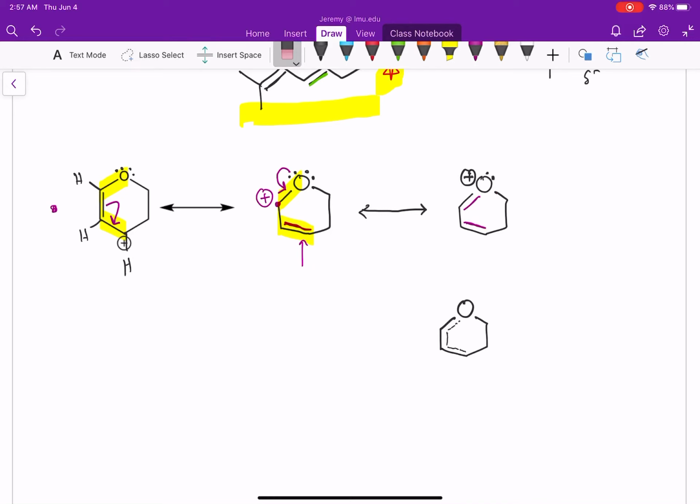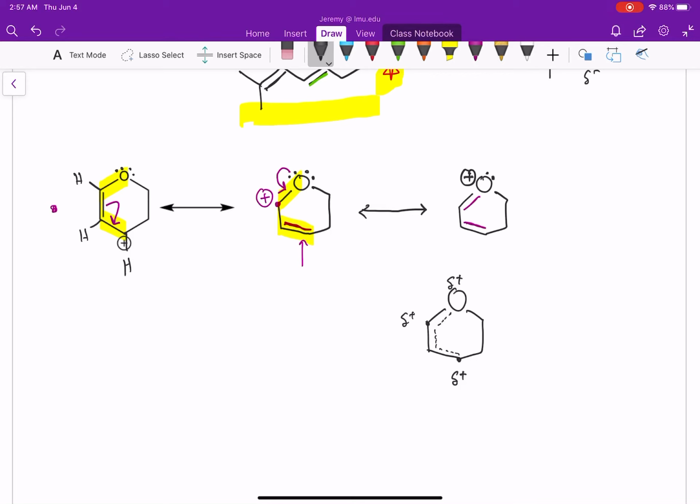So I draw my dashed lines here. This one sometimes has a double, sometimes has a double, sometimes has a double, right? And what do we know? This carbon has a partial plus, that carbon has a partial plus, and the O can also have a partial plus. So that's our resonance hybrid.